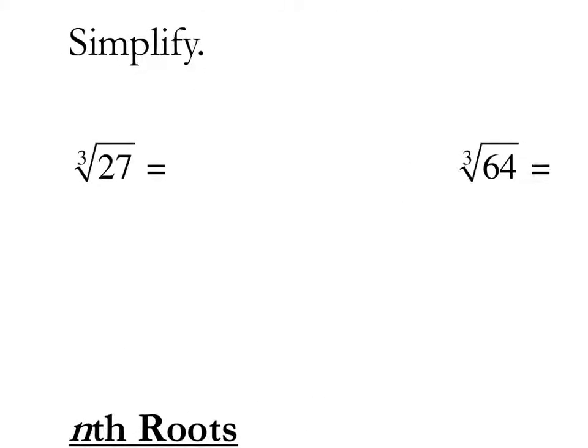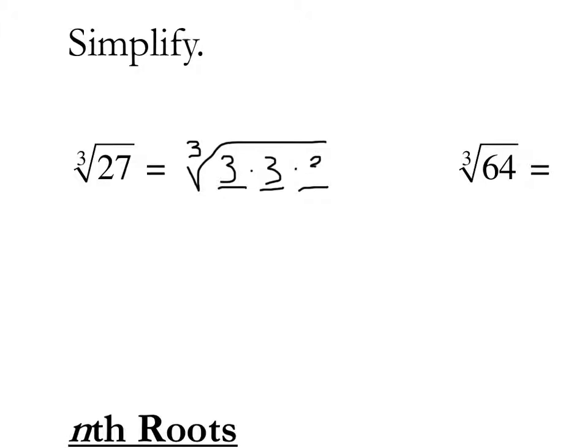Doesn't matter whether it's positive, negative, it doesn't matter. So the cube root of 27. We're looking for a number that you would write down 3 times and you would get 27. Well, 3 times 3 times 3 is 27. Therefore, the cube root of 27 is the number 3.